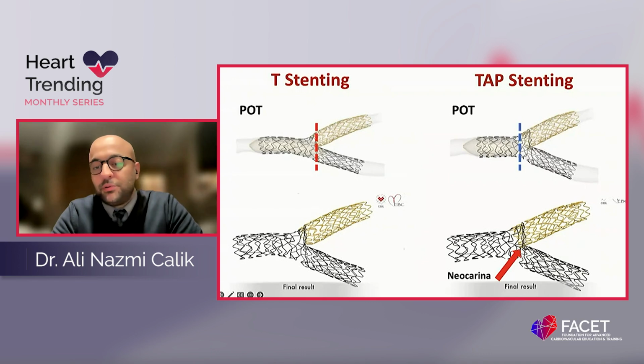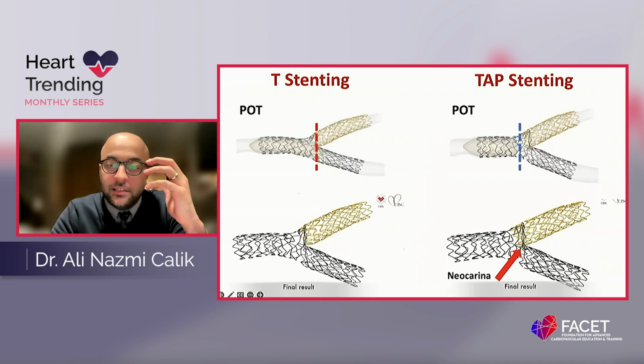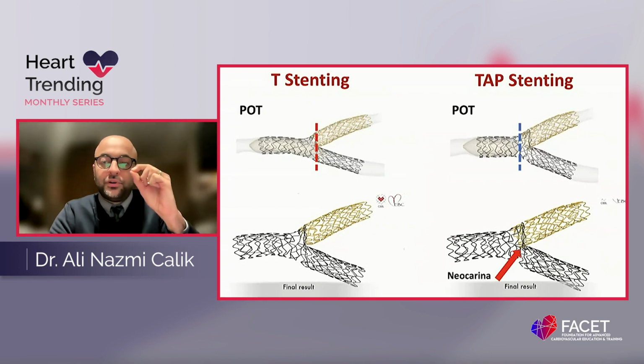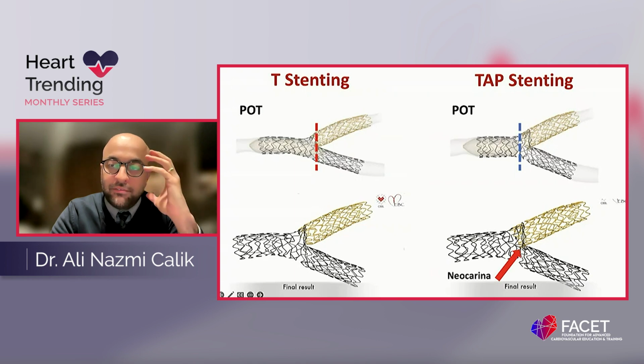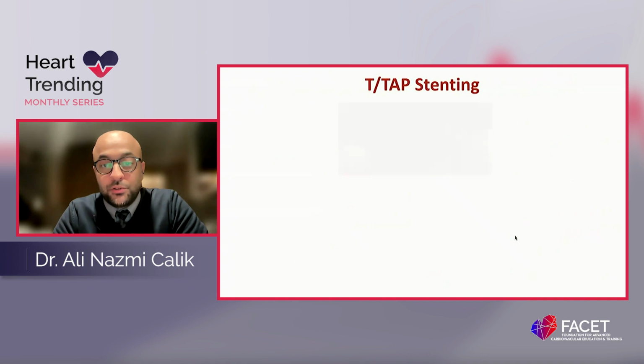So it is really important to keep in mind that we are going to protrude the second stent to the main vessel. So we are going to have a neocarina, as you can see on the right-hand side. So we have to keep this phenomenon in mind while we are performing the final POT.